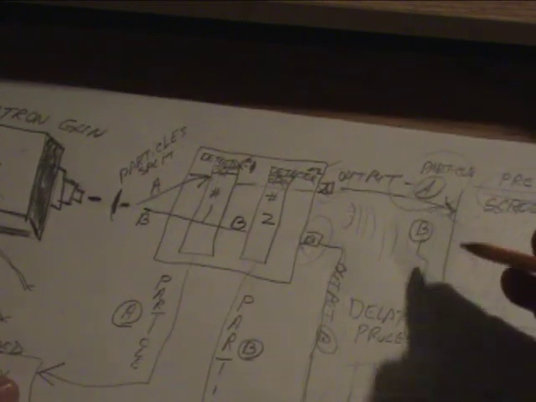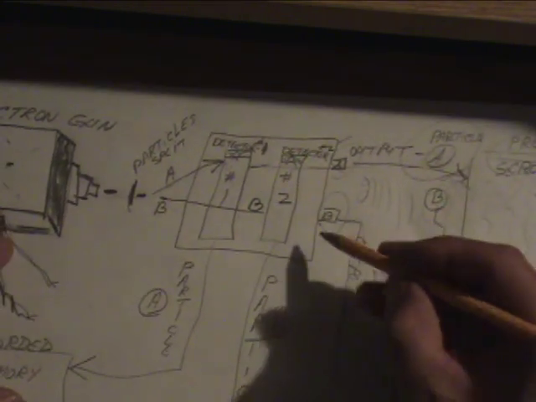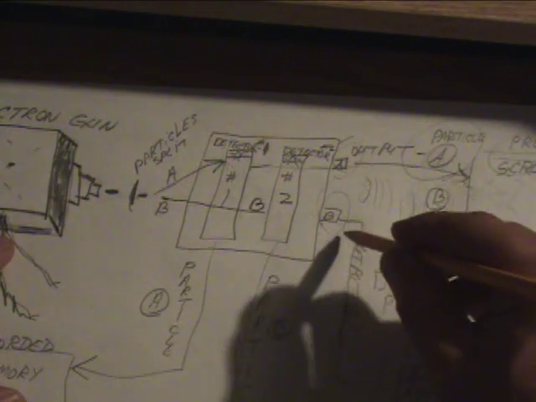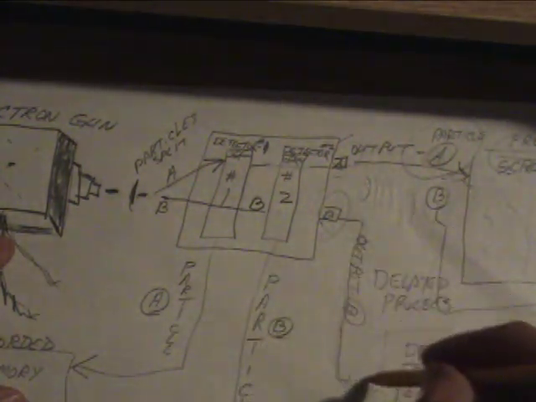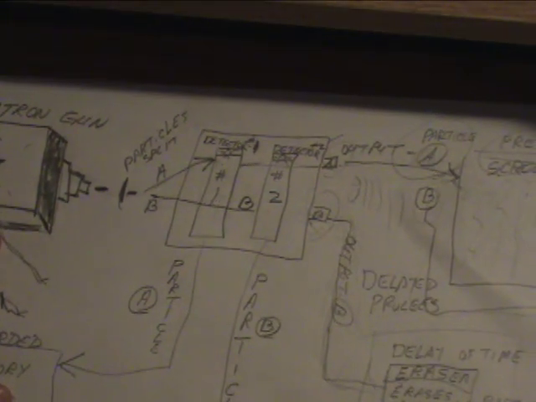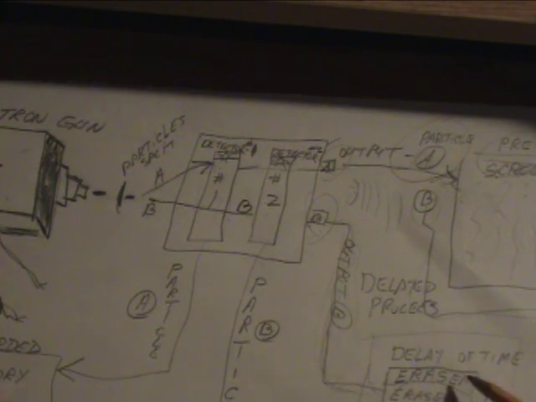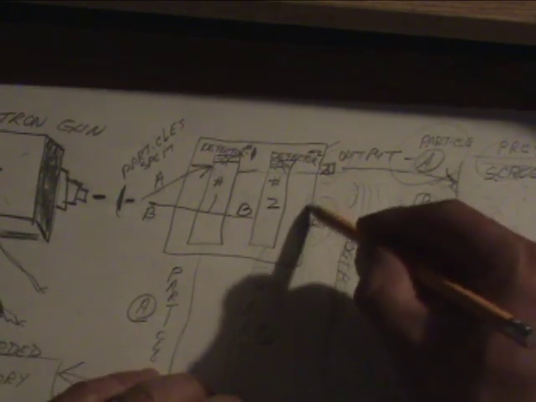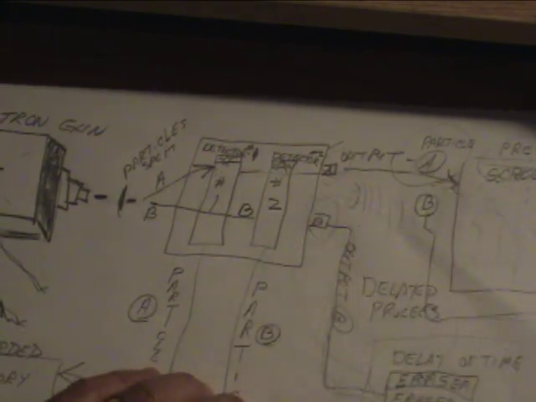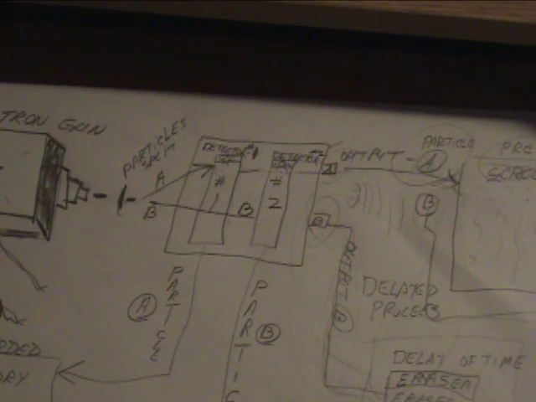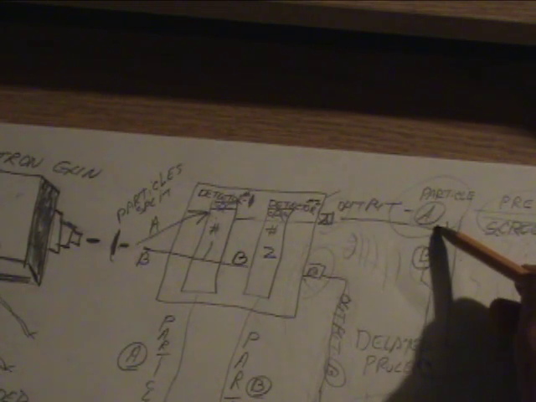Therefore, the past, which is the delay right here, this delay process, and this path that got erased, is the delayed past, because it took a path longer than this path.